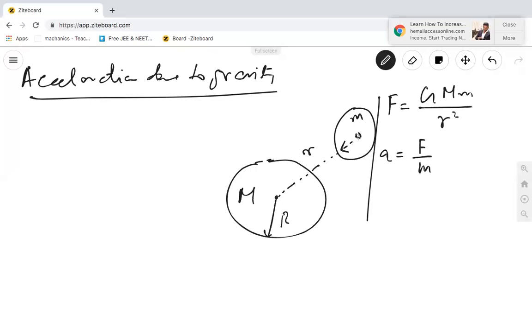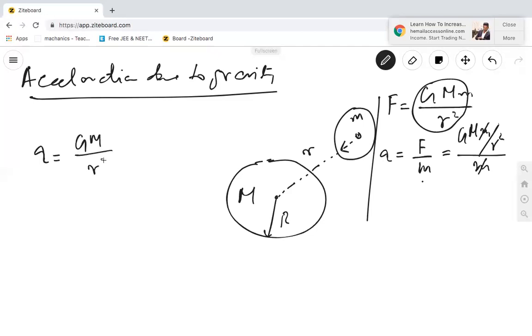So G M small m by r squared, divided by lowercase m. Substituting for gravitation, this m gets cancelled. So what is the acceleration? G M all over r squared.